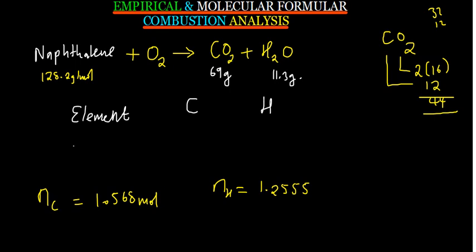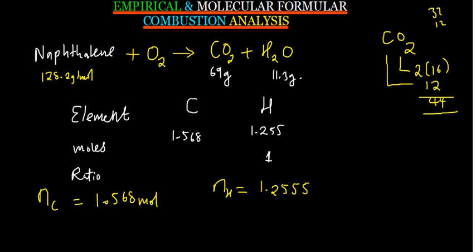And then I'll just go direct to the moles because the others we've already done. The moles for carbon is 1.568, for hydrogen is 1.255. Okay, and then mole ratio. So we'll divide by the smaller number. You can see the smaller number is 1.255. This is going to be 1. And then we also get the 1.568.